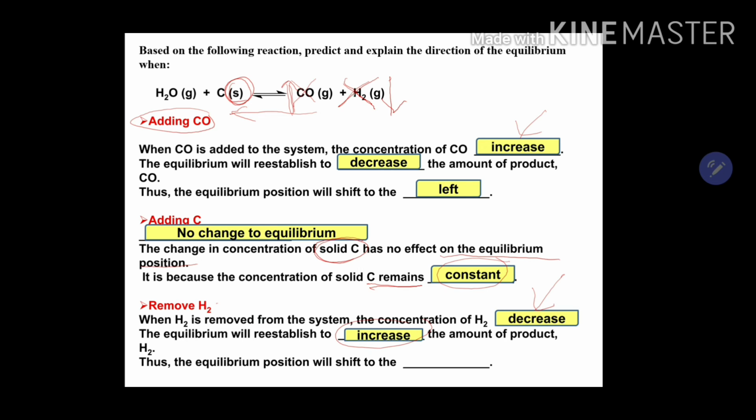So the decrease of H2 is the disturbance in the system. So of course the system will react by increasing back H2. So the equilibrium position will shift to the right because H2 decreased. So when it shifts to the right, more H2 will be formed. So it will achieve the new equilibrium.